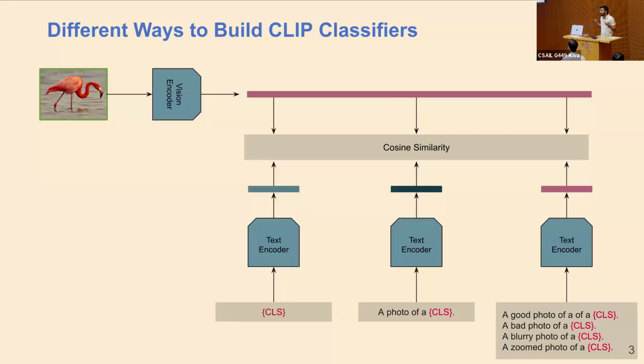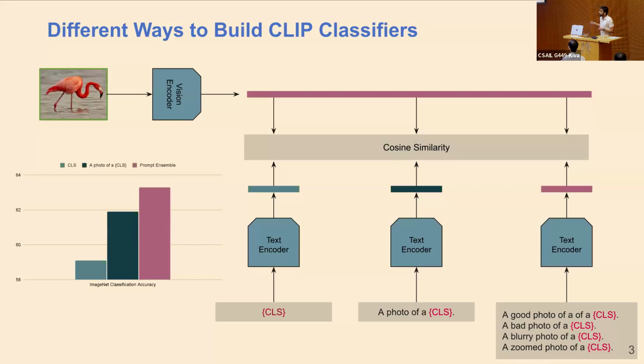An even better way is to use set templates, for example "a good photo of a," "a bad photo of a," "a blurry photo of a," and so on. They give us a list of these prompt templates in which you can replace the class names, and you can get a substantial boost, I think 2% on ImageNet, which is again quite a lot. These are the results on ImageNet: this would be with this classifier, this with this one, and this with this one.